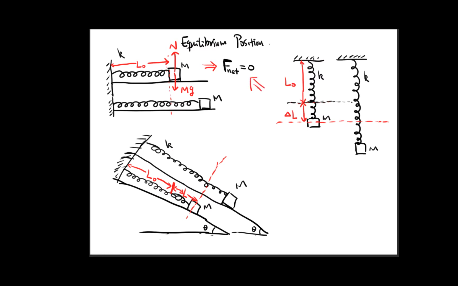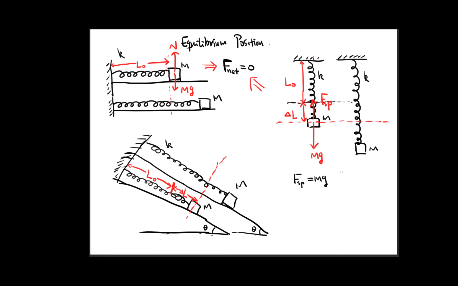Okay, so let's find out the condition for net force equals 0. The free body diagram looks like this. It's gravity acting on it, and there's a spring force, F spring. In order for the net force to be 0, we need the condition that F spring equals mg.